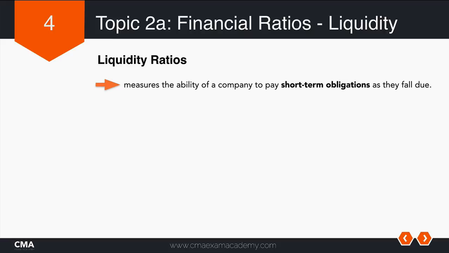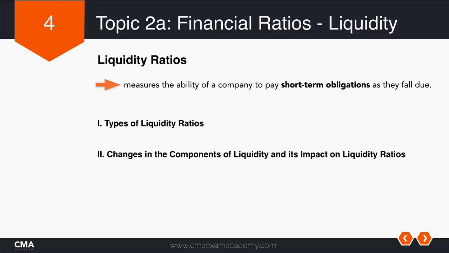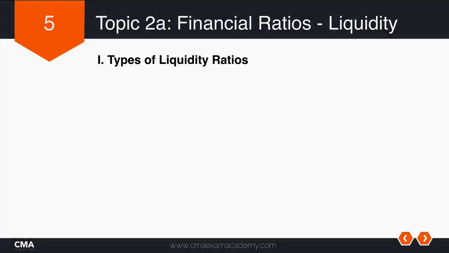Our lecture on liquidity will focus on 2 topics. First is the interpretation and computation of the different types of liquidity ratios. Second is the understanding of the changes in the components of liquidity and its impact on liquidity ratios. Let's get started.